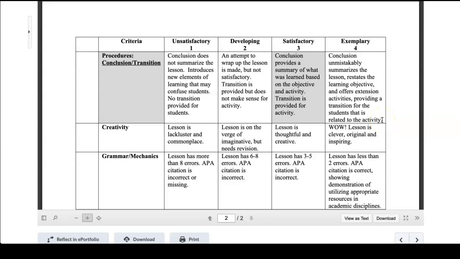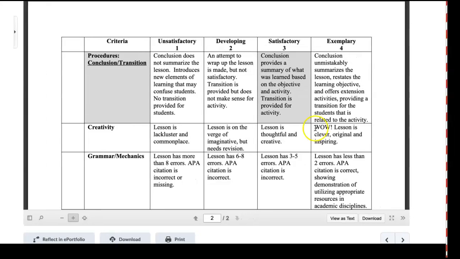So extension activities can come in the form of asking children, if we did this again, what would you want to do? Or considering bringing new materials to the table. Maybe the child has an idea. Consider here, one objective needs to be reinforced, and the transition away needs to be consistent for the children.